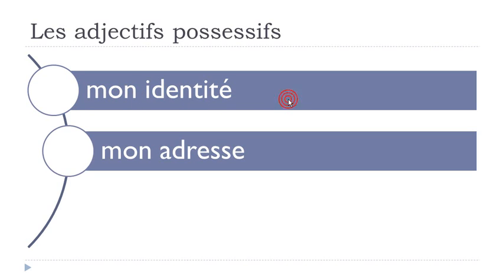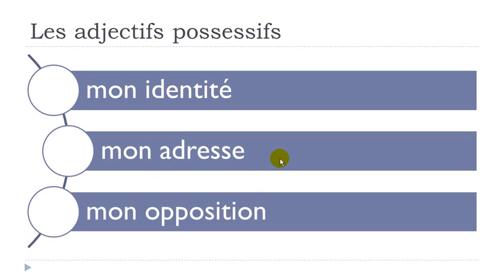Another example, adresse. Same thing here, adresse is a feminine word, but it starts with a, so you will have to use the adjectif possessif masculin, mon adresse, my address. You can hear now this little link, so you pronounce this n, mon adresse.